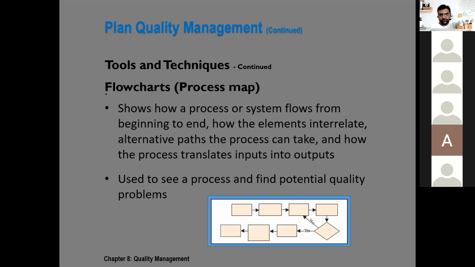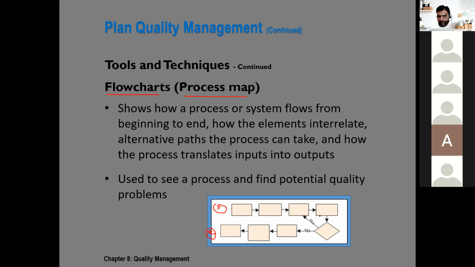Another technique is the flowchart. Sometimes people also call it a process map. It shows how your process flows from start till end: the different steps in a process, how decisions are made, how different workflows or activities are handed off to the next team member, and so on.